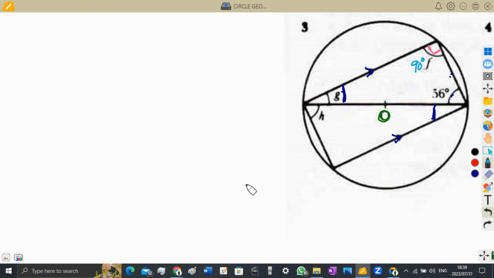Are we seeing this concept? Also, this angle here is 90 degrees again, because we are still having the same diameter here. It's creating again an angle at this point, so we also have 90 degrees at this point here, isn't it? It's the same thing. What about G? From this 90 degrees that we just determined, can we calculate G?